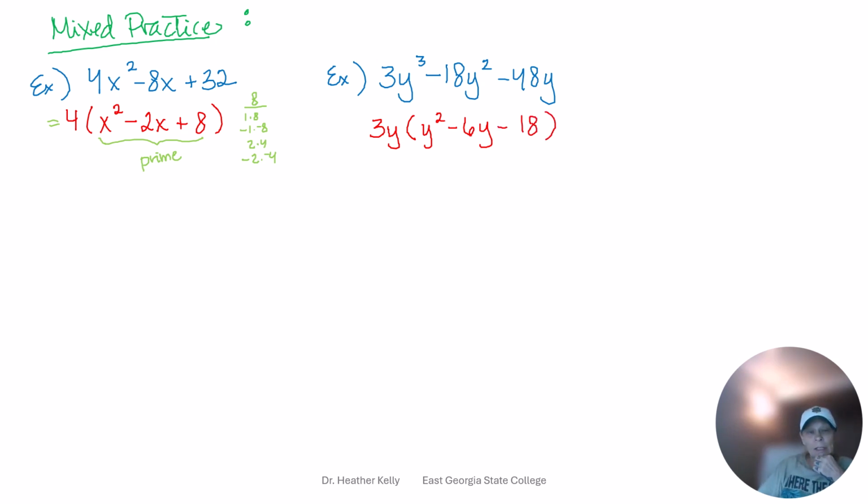Now negative 18, how can we break that down? That's 1 and negative 18, negative 1 and 18, 2 and negative 9, negative 2 and 9, 3 and negative 6, negative 3 and 6. So do any of those work here?